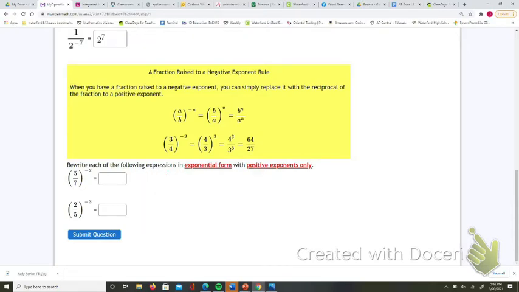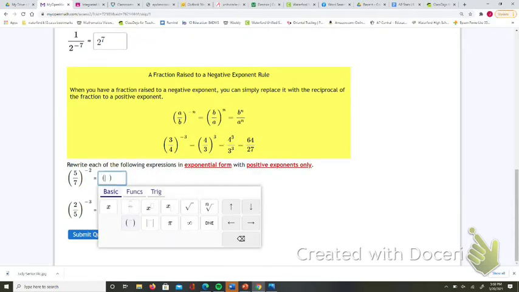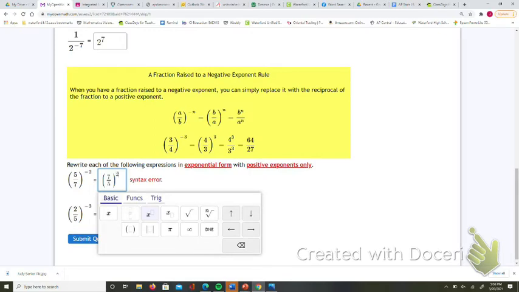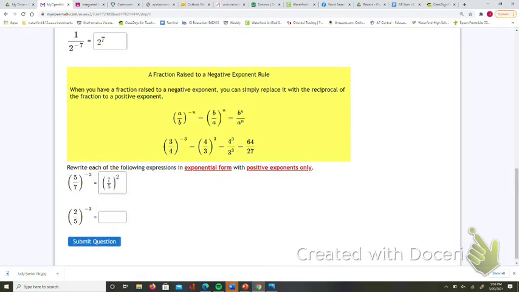Now remember, when you're typing fractions, you do parenthesis, then the fraction button, then the 5 in the numerator, then the 7 in the denominator. Oh, nope. What did I forget to do, everybody? 7 in the numerator, 5 in the denominator, because remember, you have to do the reciprocal. Click your cursor outside the parenthesis, click your exponent button, and it's positive 2 now, because you did the reciprocal.